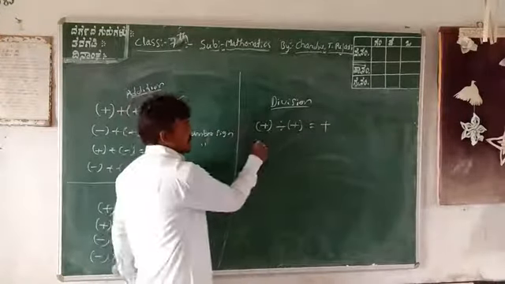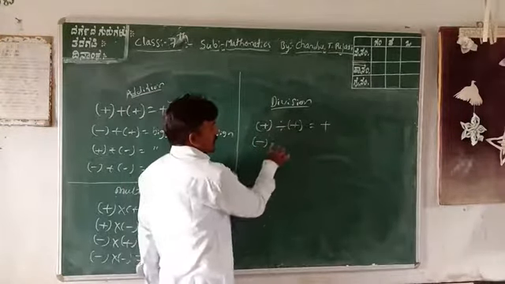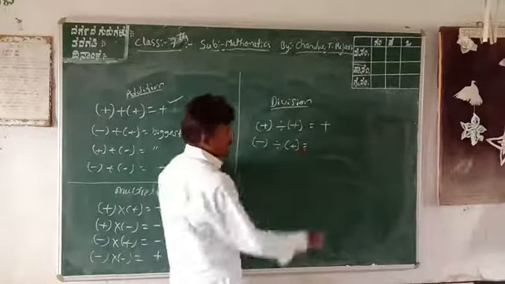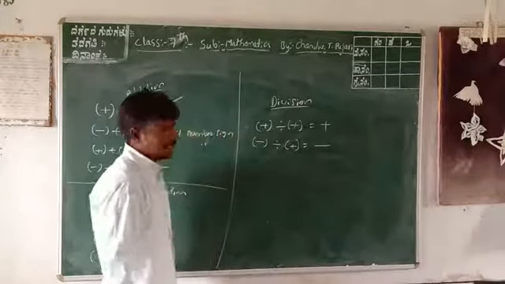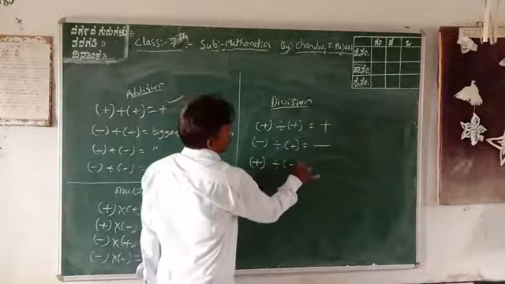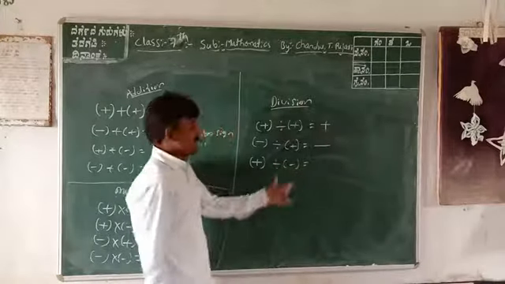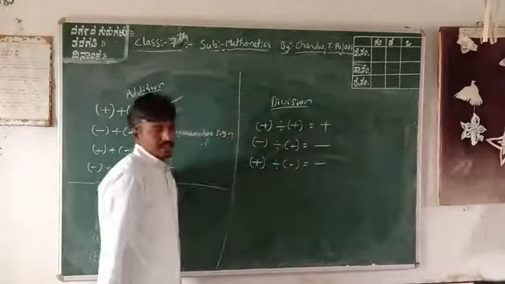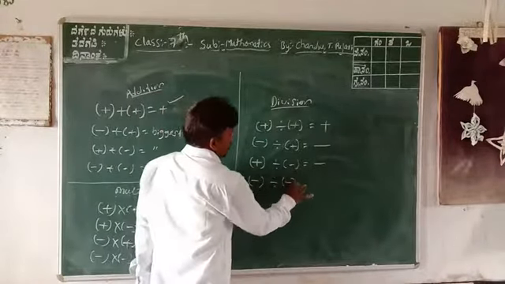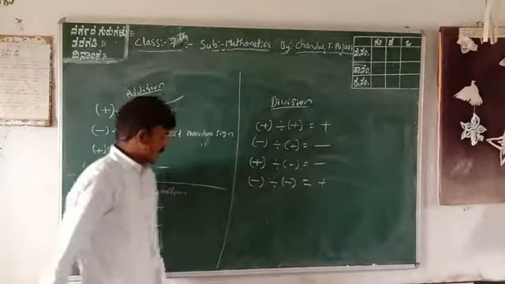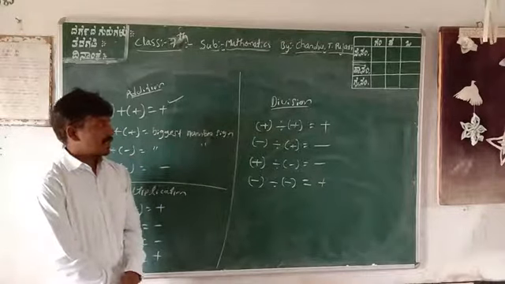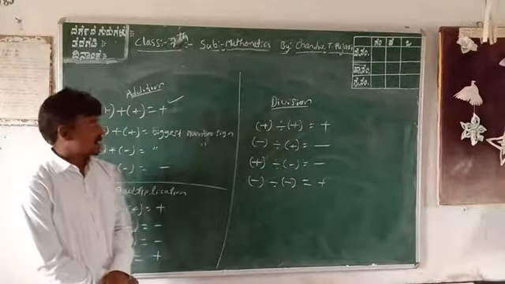Next, minus divided by plus is minus. Next, plus divided by minus is again minus. The last one is minus divided by minus is again plus. The same formula as in multiplication applies in division. These are all the division of integers rules.